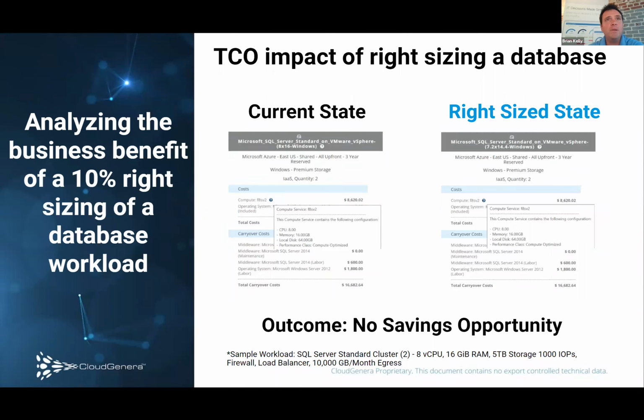And so be very wary of anyone pushing for savings through right sizing of database workloads. While right sizing may be a great opportunity for web servers and file servers, it's typically not the best solution for a production database workload.